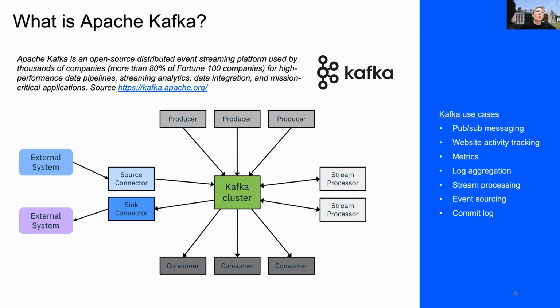So just to walk through some of the components and the terminology I'll use here. Kafka is, as I mentioned, implemented as a cluster, and it's a pure Java runtime, so it can run on lots of different platforms. It can run on my laptop. It can run on x86 servers.